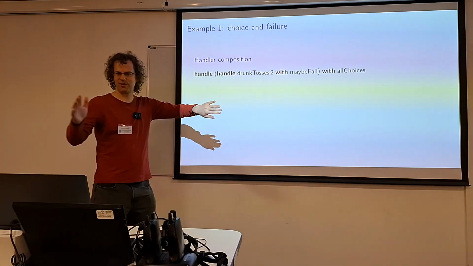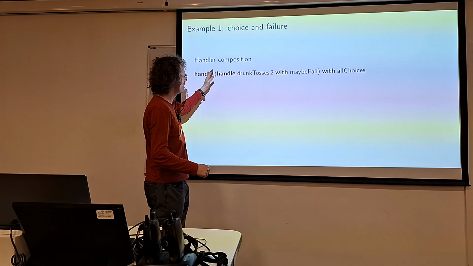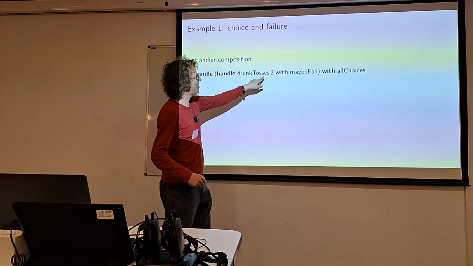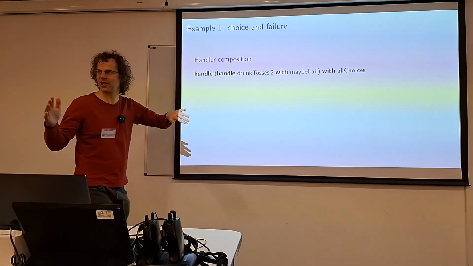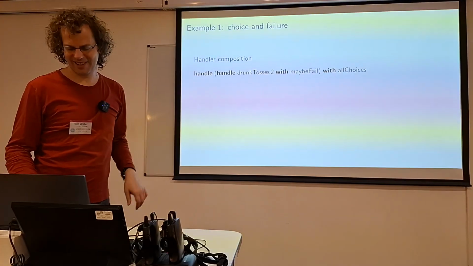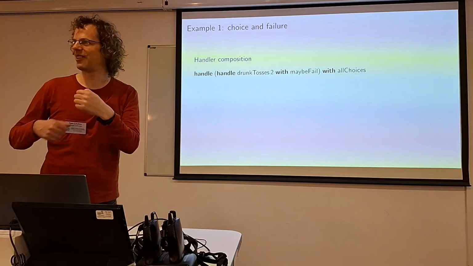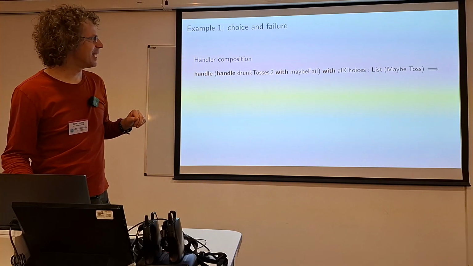And your resumption ends up being extended so that it includes the handle, and then however far we got with drunk tosses with maybe fail will be all included in that resumption. It's somewhat hard, I guess, to get your head around exactly how that works, but it does.